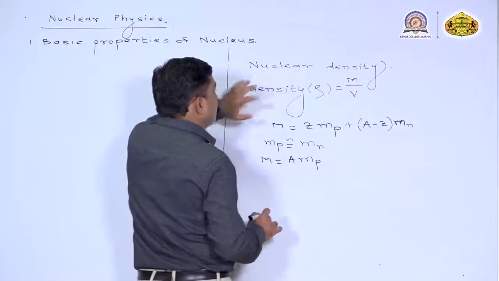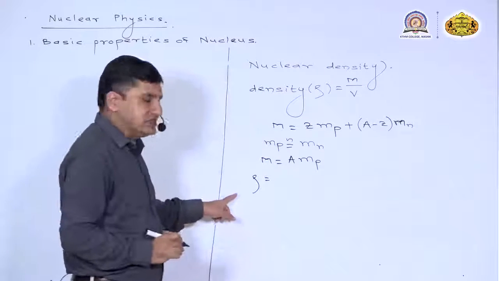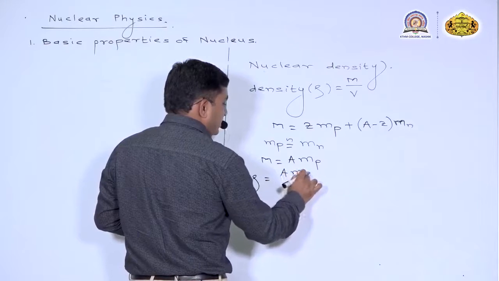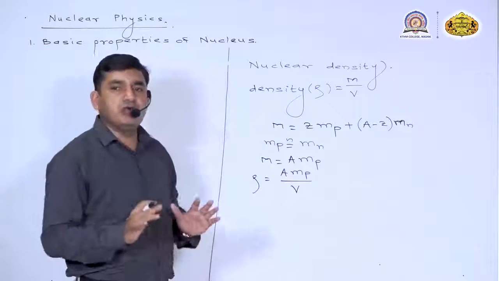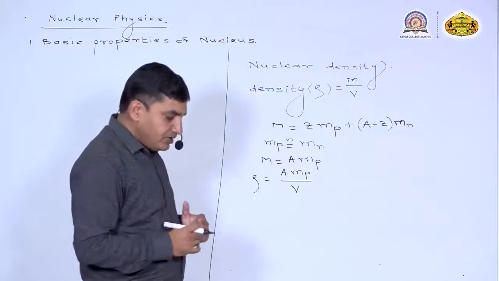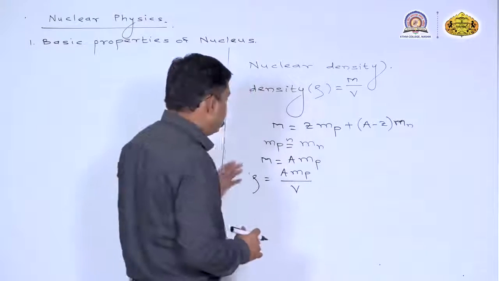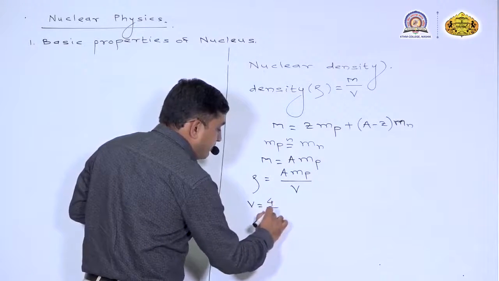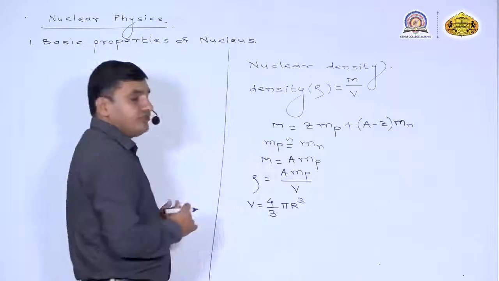So this equation can be written as rho is equal to A Mp divided by V, that is the volume of the nucleus. The nucleus is of a spherical shape, and therefore the volume of a nucleus V is equal to 4 by 3 pi r cube.